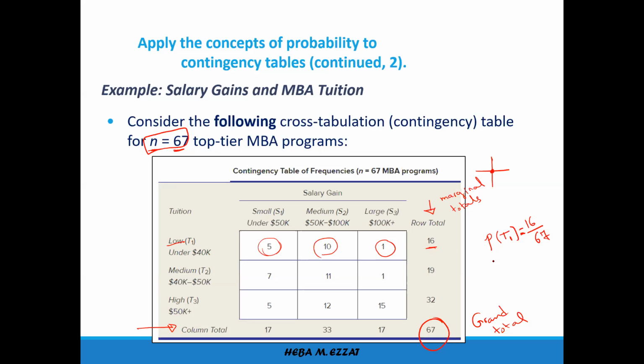If I want to know the probability of having a large salary, it is 17 divided by 67. So we have 16 divided by, no, 17.